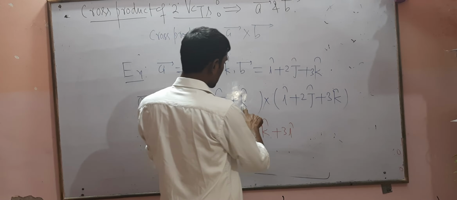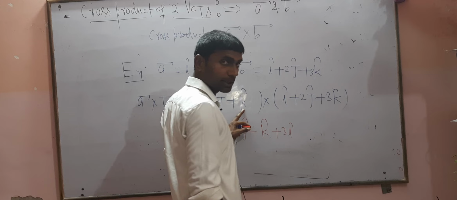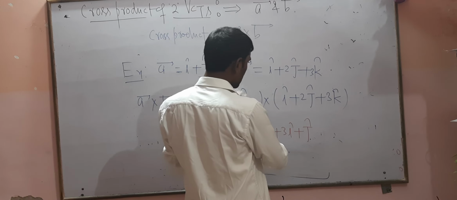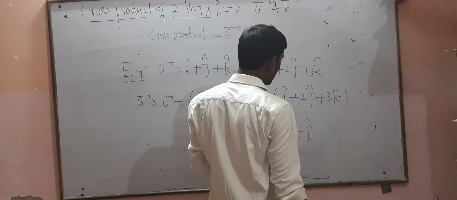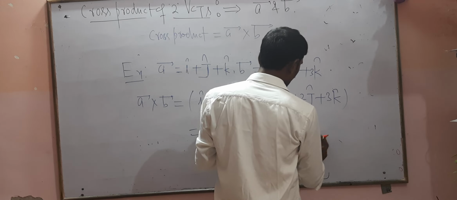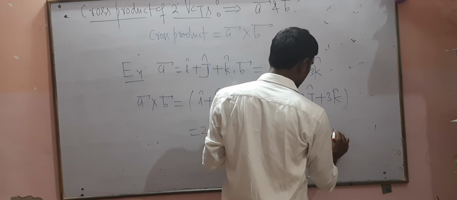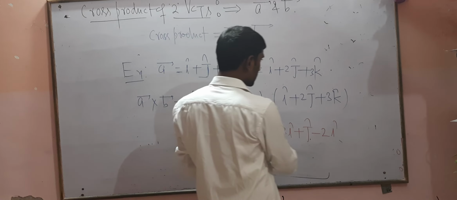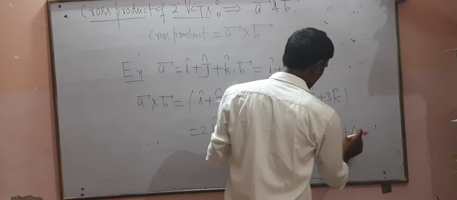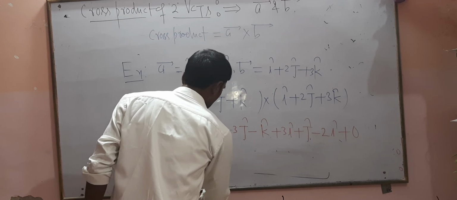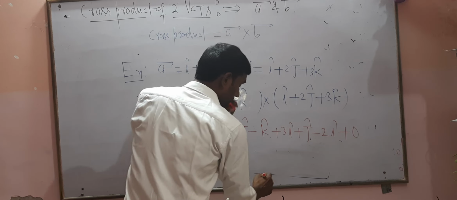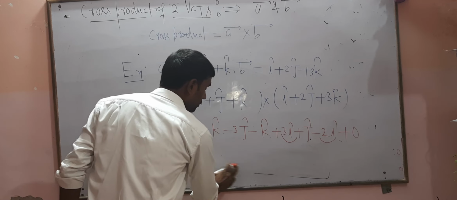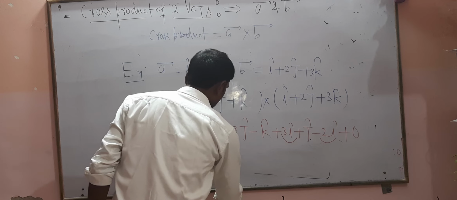Next one is k cross i. This is correct: k cross i is j cap. Similarly, k cap cross j cap equals minus 2 i cap, because the first one is k and the second one is j. Next, k cross k cap equals 0. Here we have 3 i cap and minus 2 i cap, which equals i cap.